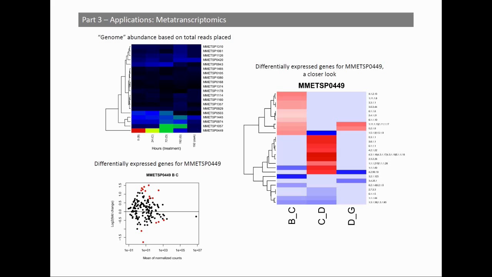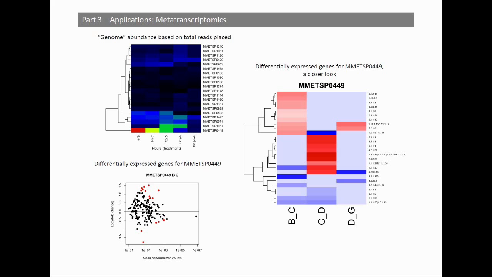What you're looking at here is just genome abundance based on the number of reads that have mapped to different genomes. These numbers here are all indicating different marine phytoplankton that were sequenced within the Marine Microbial Eukaryotic Transcriptome Sequencing Project. So this is where the eukaryotic genomes are coming from in PAPRICA.